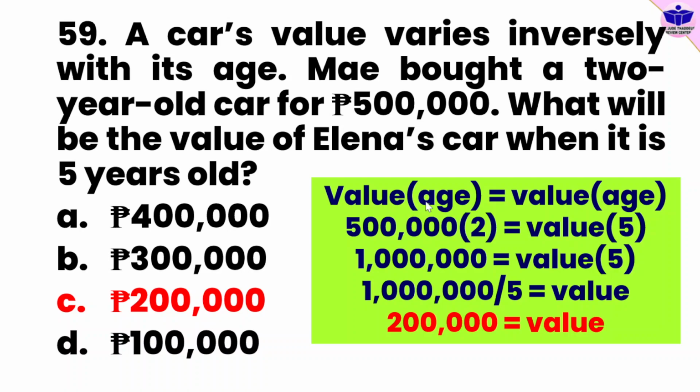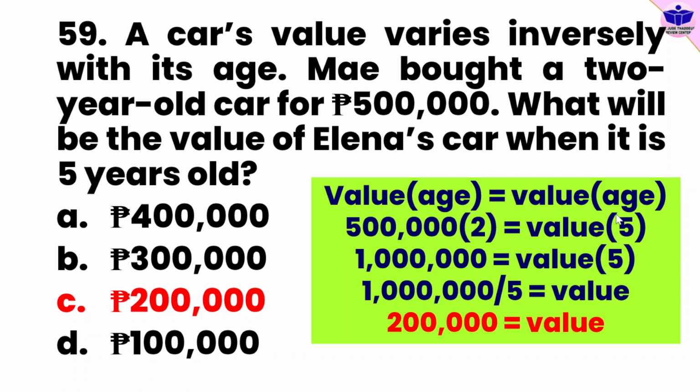So value times age is equal to value times age. This is our previous condition and the new condition. Previously, on the left side, we said that if the car is 2 years old, the value is 500,000.